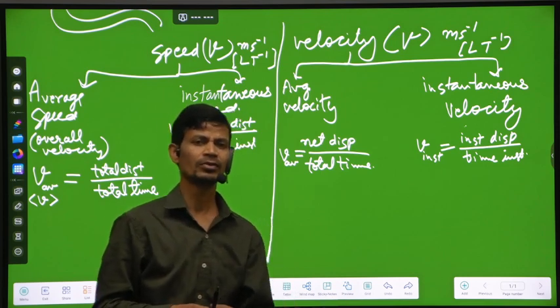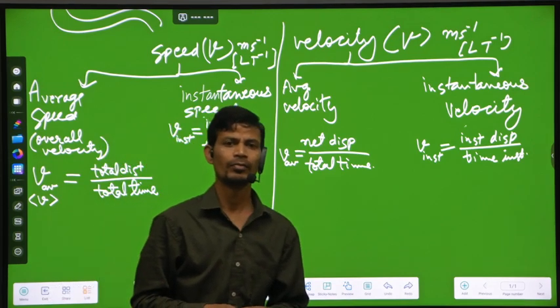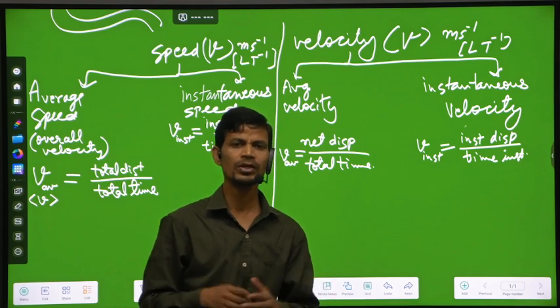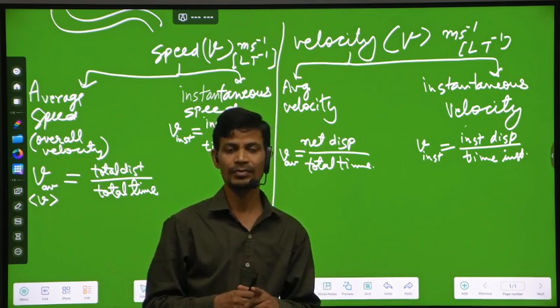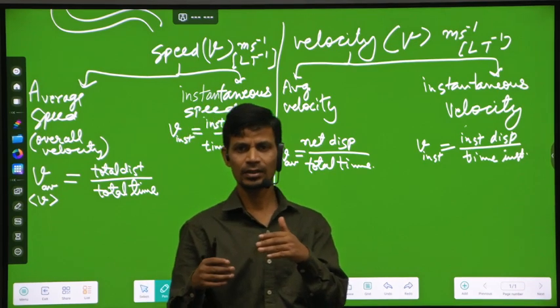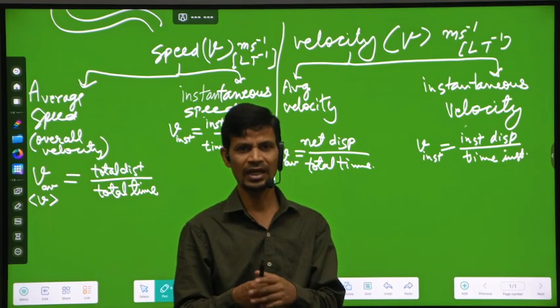Or sometimes in a question it is given that a body starts its motion with velocity so and so. That was the instantaneous velocity at that point.